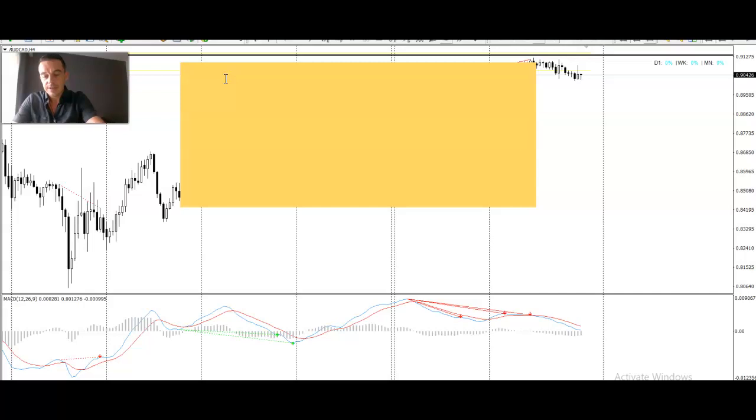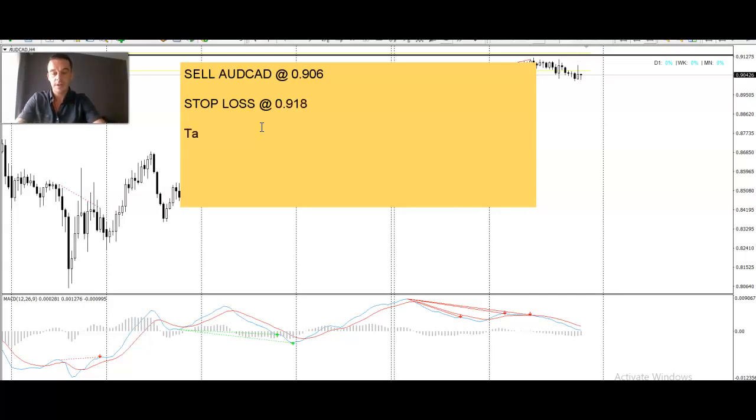So this week's trade is sell AUD CAD at 0.9060, if it pops up a little bit, or enter directly from the market open. It's completely up to you. Stop loss is at 0.9180.